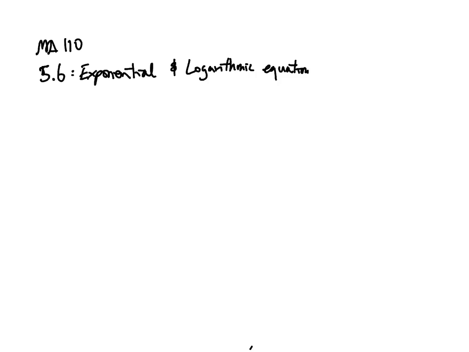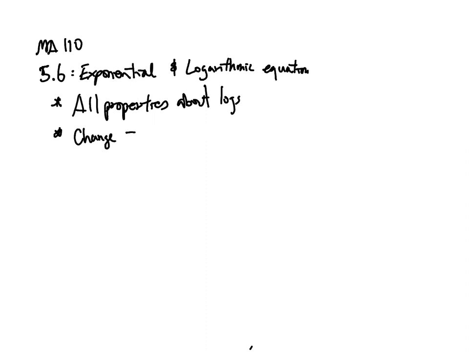So pretty much by this time, you need to know everything from the previous sections in chapter 5. So you need to know all the properties about logs and how to change from log form to exponential form, and vice versa.